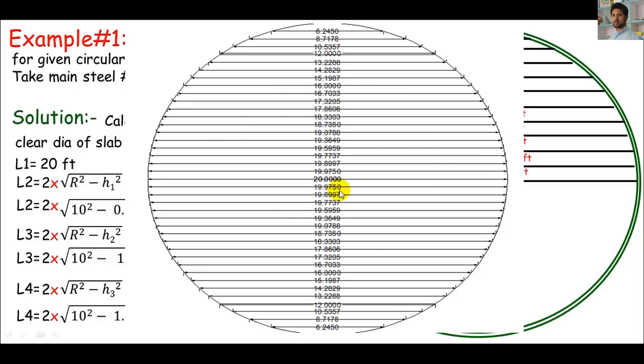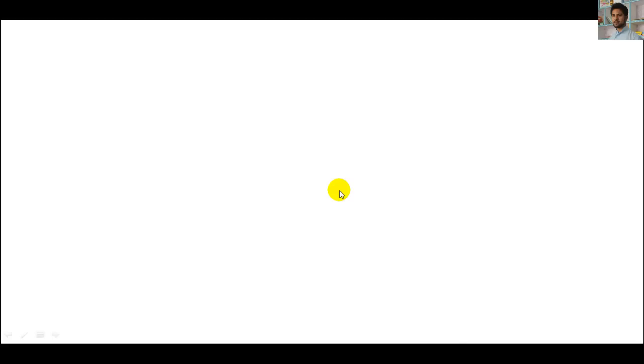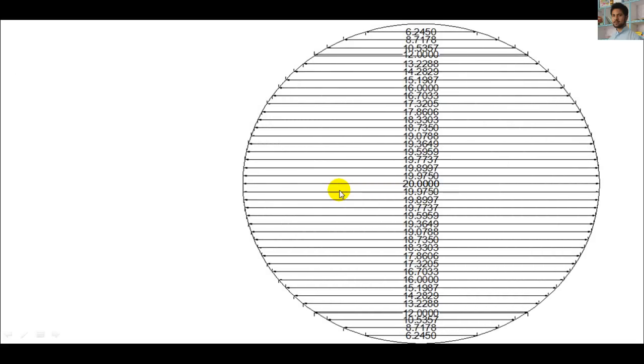Let me draw this again over here so you can see it better. The text size is a little larger. So when I have the cutting lengths of each bar, just add these to get the total main steel length, which is 303 feet, if I am right.